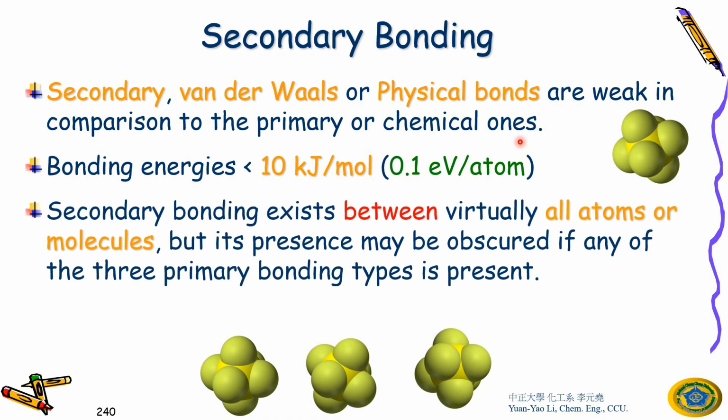Secondary bonding exists between virtually all atoms or molecules, but its presence may be obscured if any of the three primary bond types is present. So in this environment, you have chemical bond and physical bond.